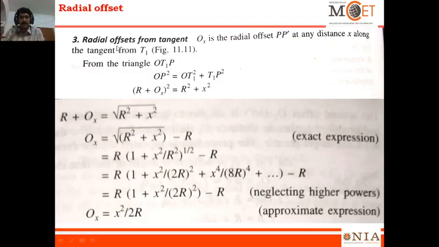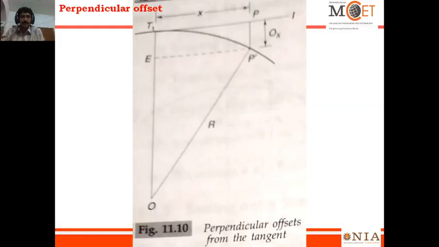For the perpendicular offset also you will get the same approximate expression as for the radial offset, but the difference here is the exact expression, which is different, right? See, for the perpendicular offset, same diagram, instead of dropping the radial offset, we are dropping exactly a 90 degree offset from the tangent, right?